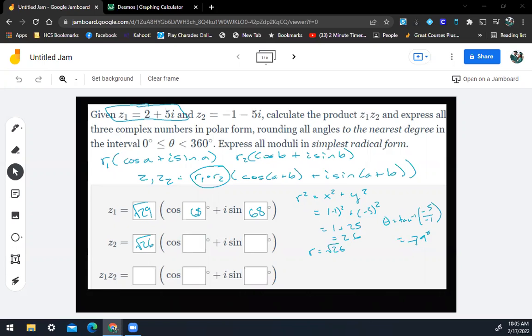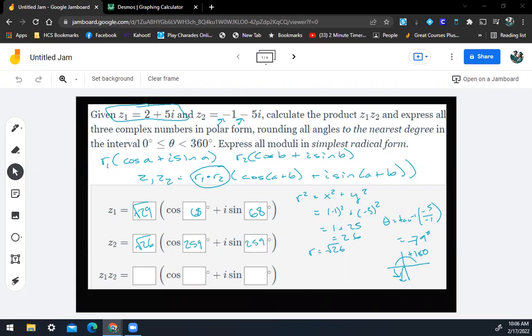So if we're going to put 79 degrees as a reference angle into the third quadrant, because we're at negative, then we actually need to add 180 to this. So this really should be 259. Great catch. Everybody got that? And yeah, it is so easy to make that mistake.